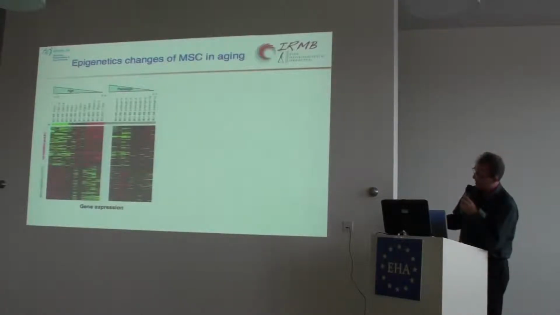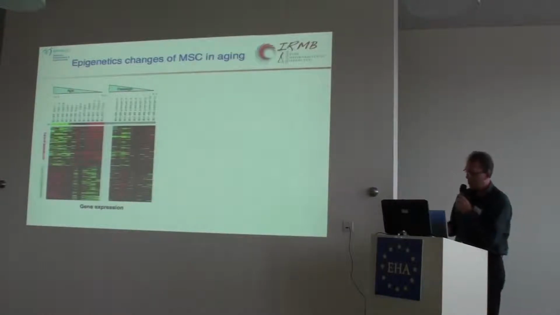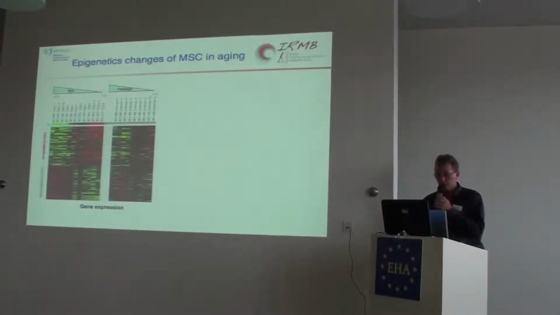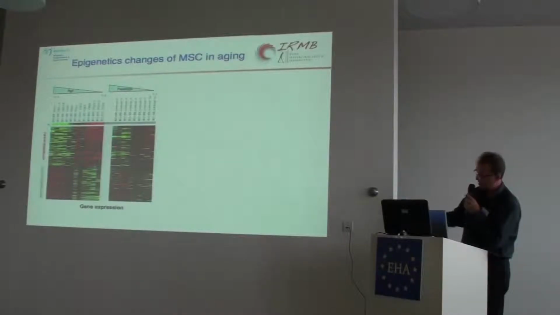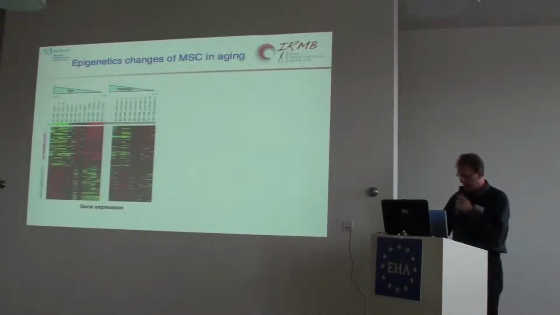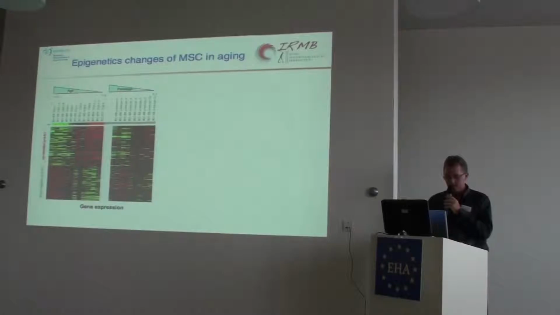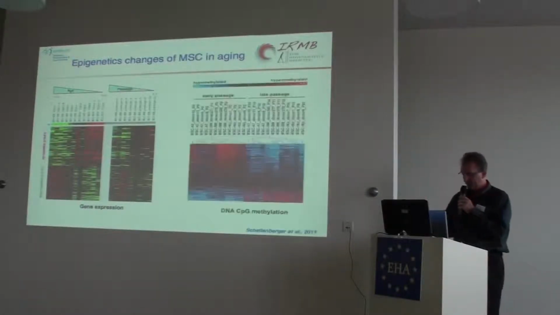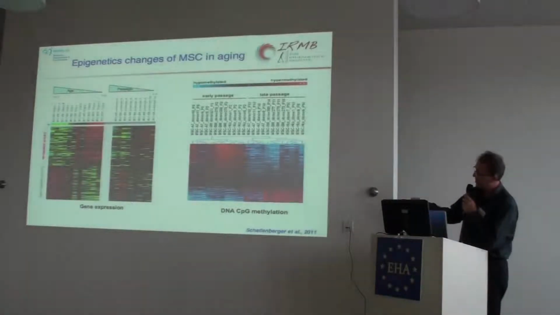And we observe that there is modification of the gene expression profile with the age of the donors, but also with young NSC in culture, we can recapitulate the change in gene expression, indicating that probably the stress of the culture is similar to what the cell experiences in the body. And in correlation, there is this modification of DNA methylation.